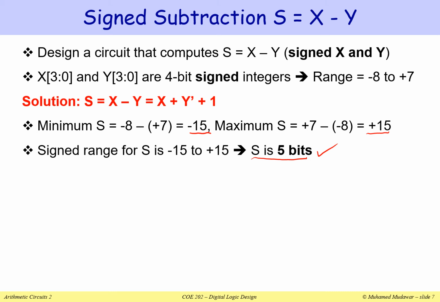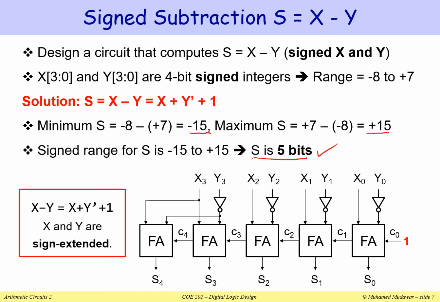But with 5 bits, you can go from -16 to +15, and we can represent the full range for S. So for this reason, we should have 5 bits for S, otherwise we might get an overflow. If we use 4 bits, you will get overflow.